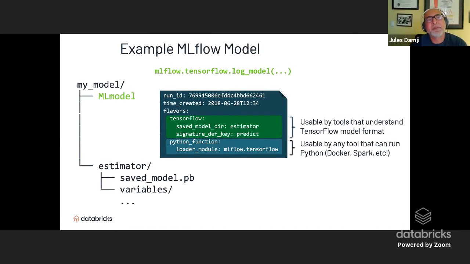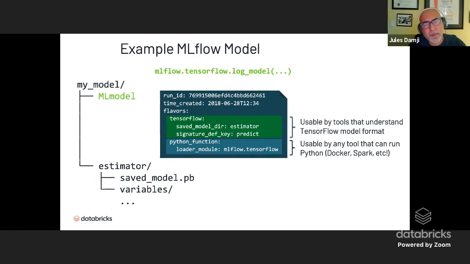You need a minimal TensorFlow library to load and execute that model. But you're encapsulating it as a Python function and just using the predict function. This allows me to take that model and put it in a Python environment running in Docker, or I can load this Python function into Spark and use a UDF to do batch inferencing, and so on and so forth.